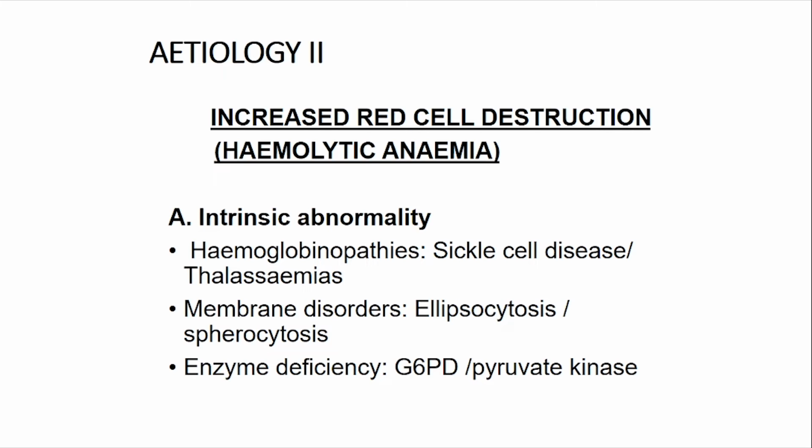And when there are membrane disorders of the red blood cell, such as erythrocytosis and spherocytosis, and when there is enzyme deficiency, as could be seen in patients with glucose-6-phosphate dehydrogenase deficiency and pyruvate kinase deficiency, they could present as enzyme deficiency, leading to anemia in pregnancy.